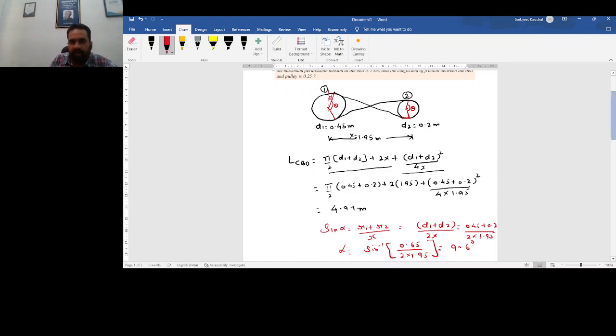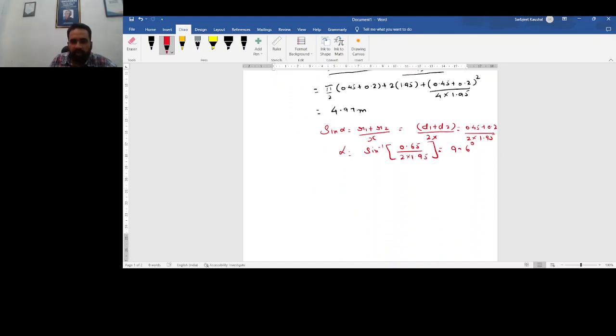Now the next thing is we have to find the angle of contact theta. For a cross belt drive, theta is equal to 180 degree plus 2 alpha.